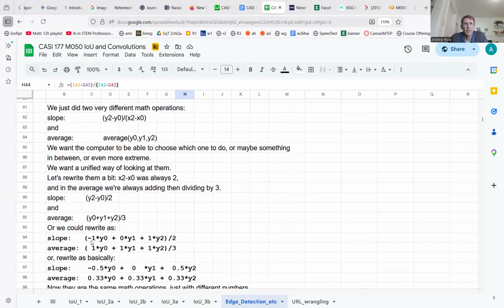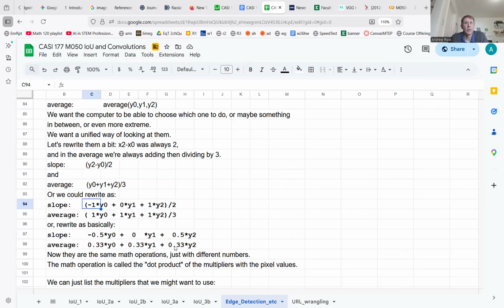Or we could rewrite them as the slope being -1 times y0 to get that minus sign, plus 0 times y1, because we're basically ignoring it, plus 1 times y2, divided by 3. And the average is 1 times y0 plus 1 times y1 plus 1 times y2 divided by 3. So they're feeling even more similar now. Or we could take the divide by 2, divide by 3, and rewrite that as a decimal, distributing it across the multiplying and adding.